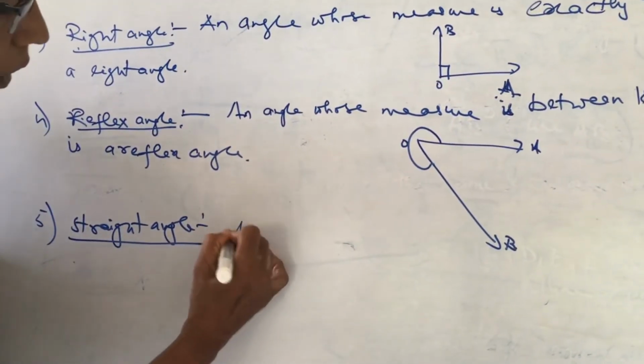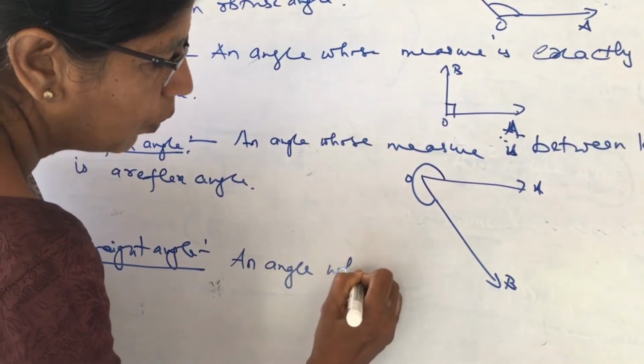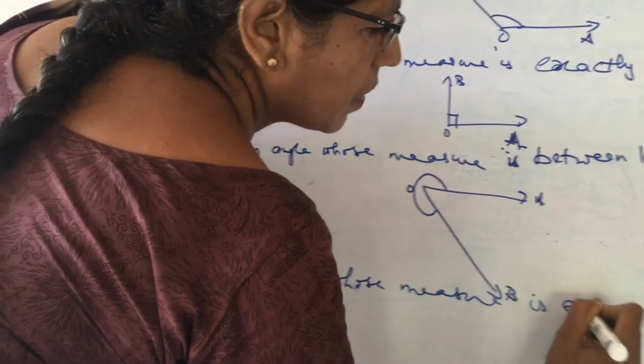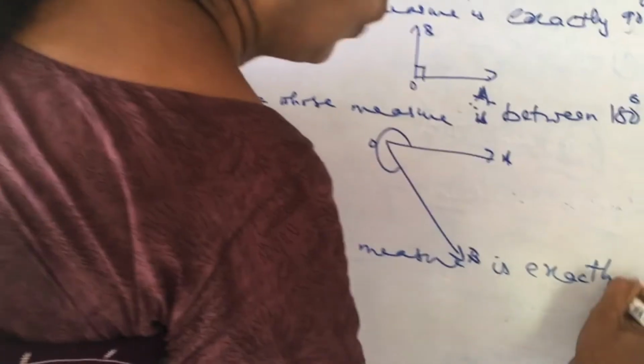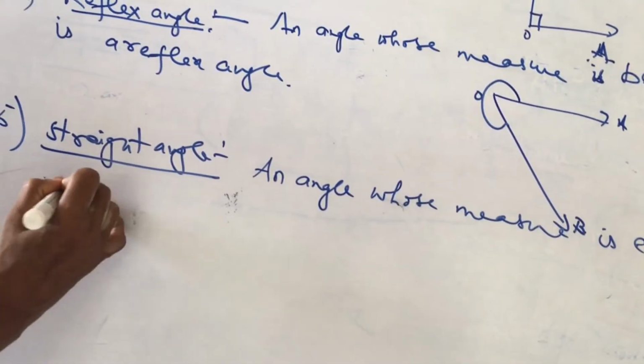An angle whose measure is exactly 180 degrees is a straight angle.